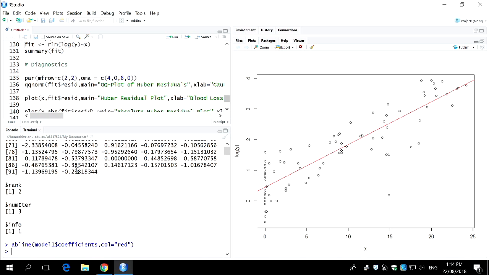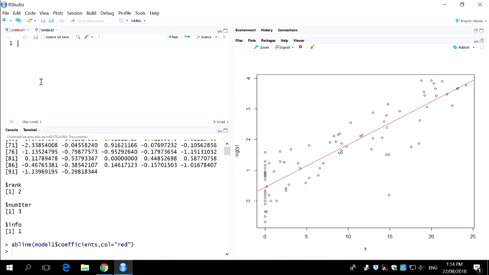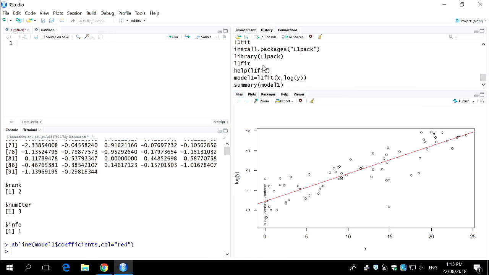Yes? Where would you like me to type? Oh, okay. Sure, I can do that. So, by the way, you can go over here to history and it's all there.